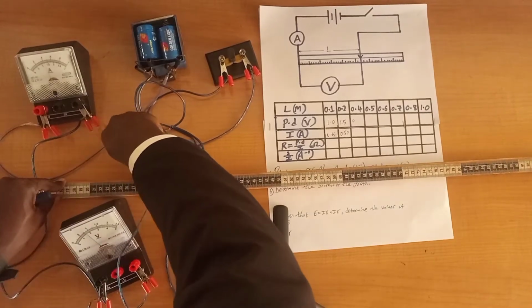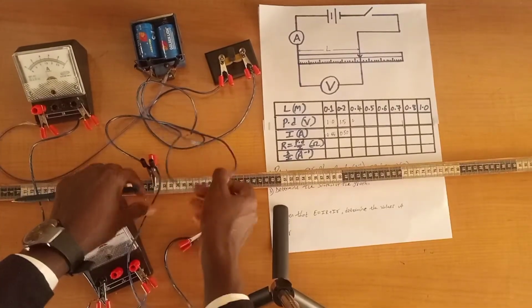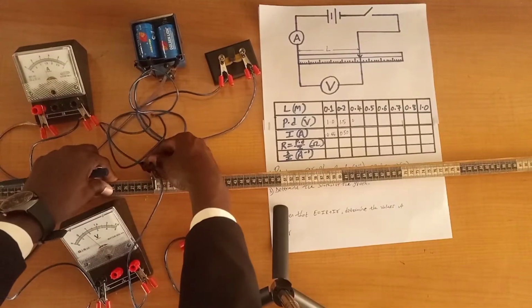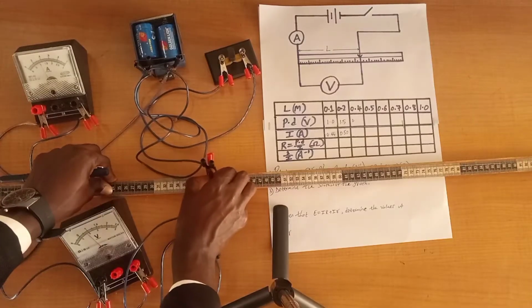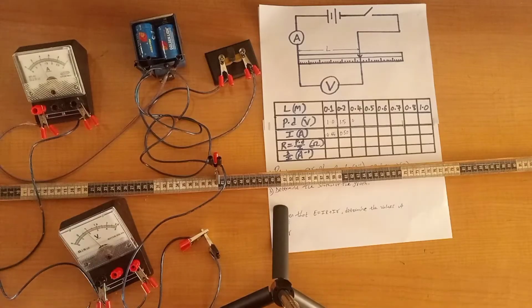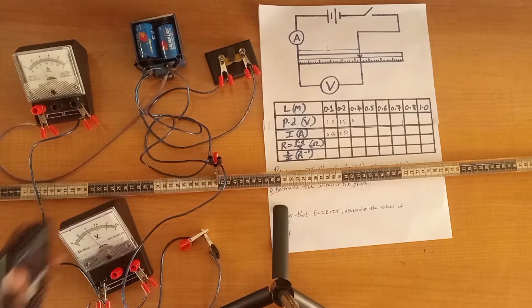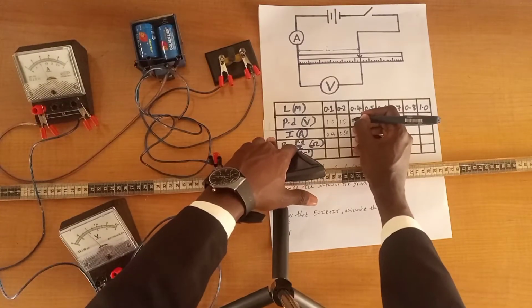Let's see. Forty is somewhere there. So for the voltmeter, we have 2.0.